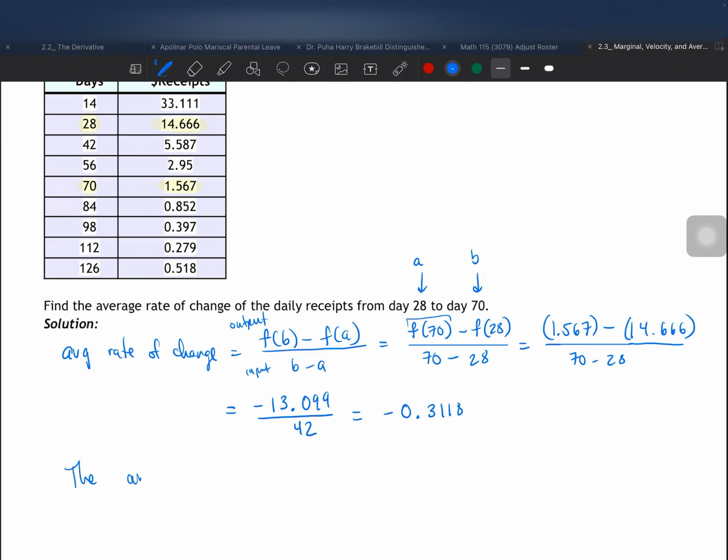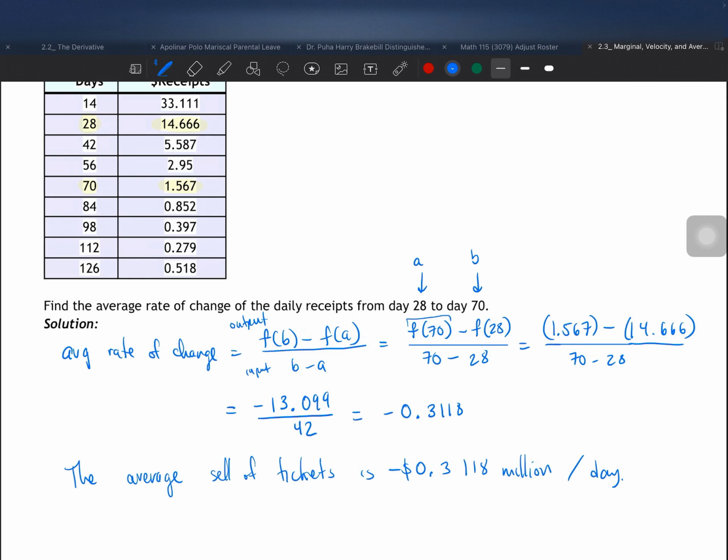So the average rate of change, the average sale of tickets, is negative 0.3118 million per day.